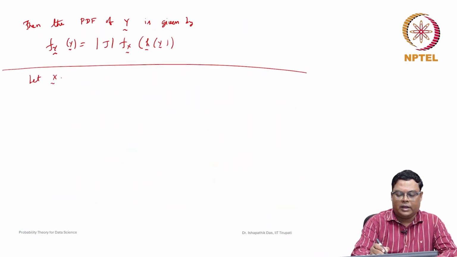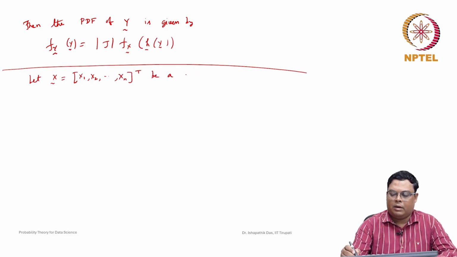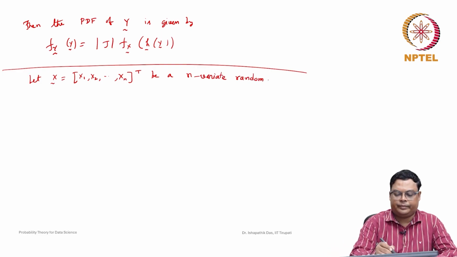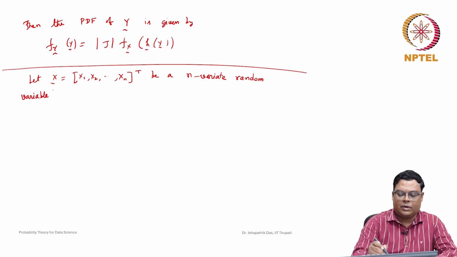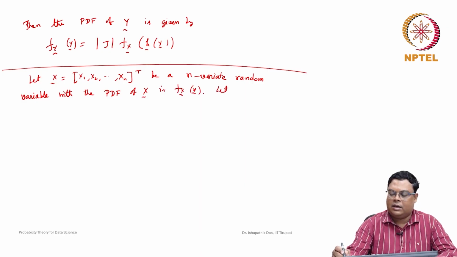Let X equal X1, X2, ..., Xn be a multivariate random variable with probability density function of X being f_X.